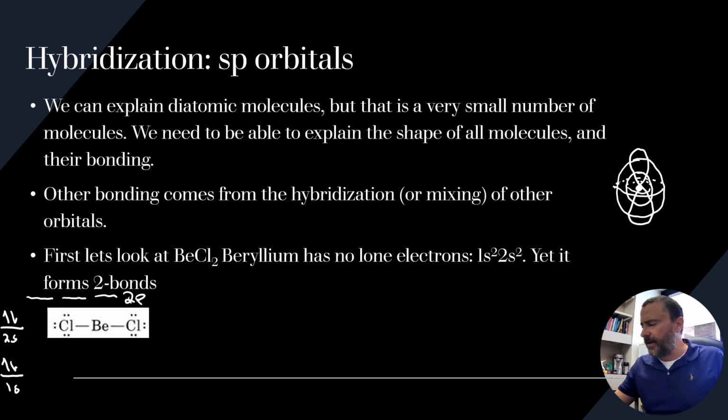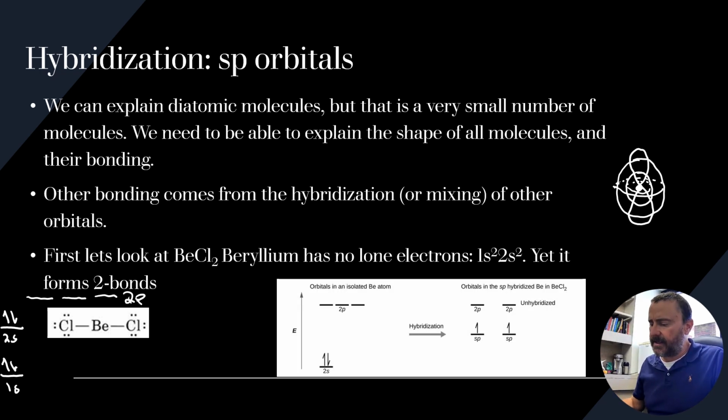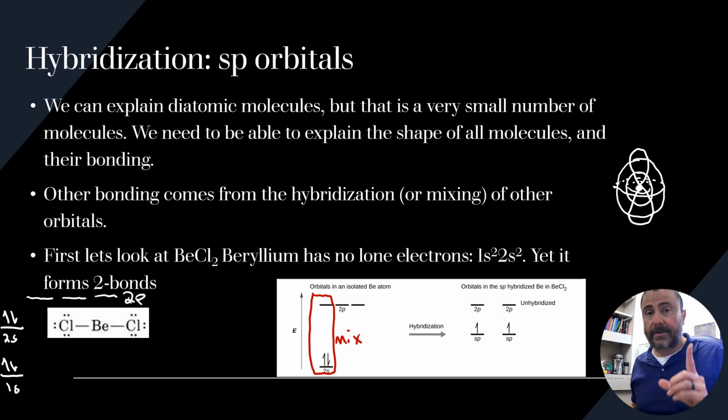All right, and if they're sitting there empty, what can happen is that they can actually mix with the s orbital. And so if that s orbital mixes with one of the p orbitals, notice that one of them is a 2s orbital, one of them is a 2p orbital, so there are 2 orbitals that are mixed together.